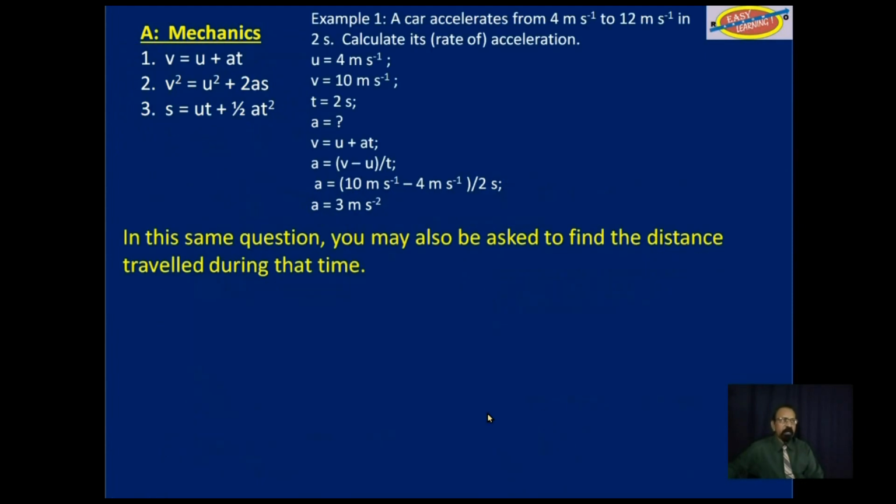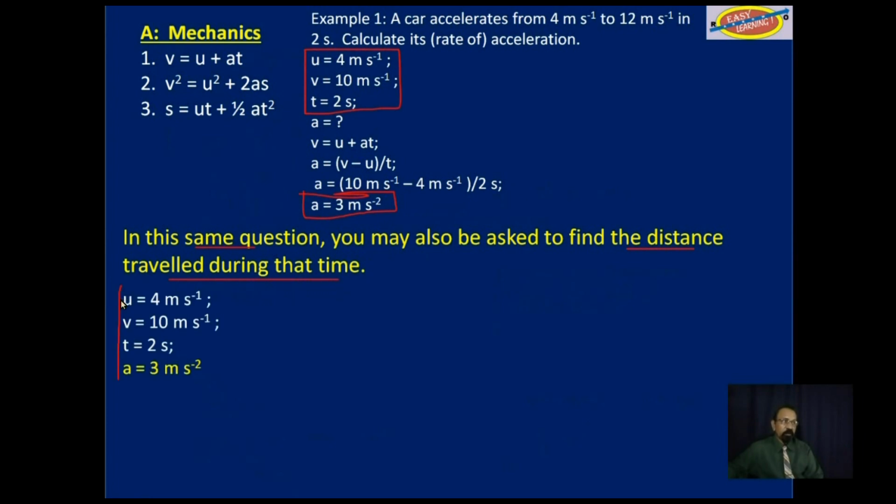Now, in this same question, you may also be asked to find the distance traveled during that time. We know U, V, and T. We found that A is equal to 3 meters per second squared. Now we want to find distance.